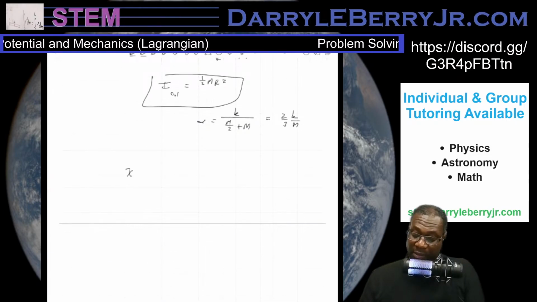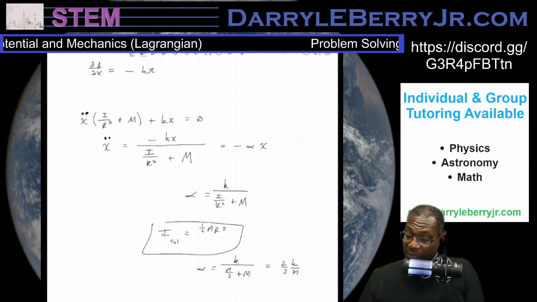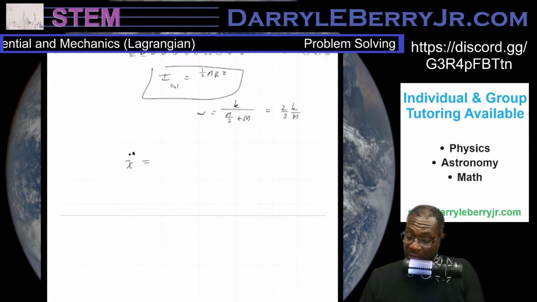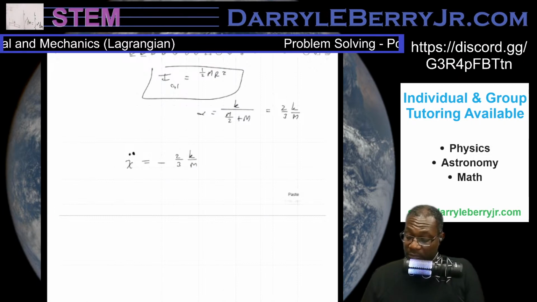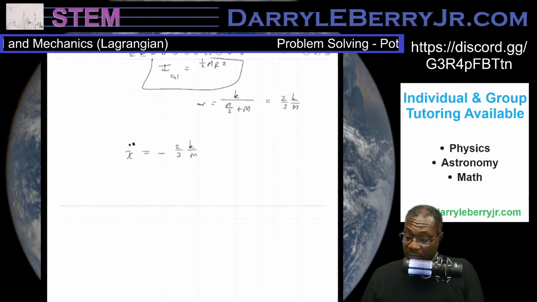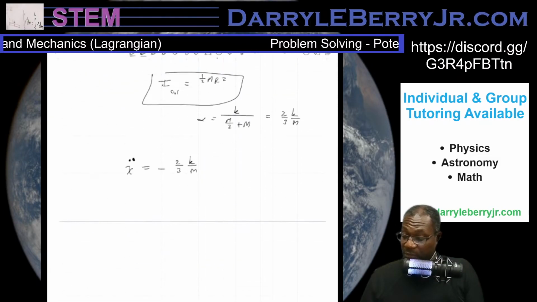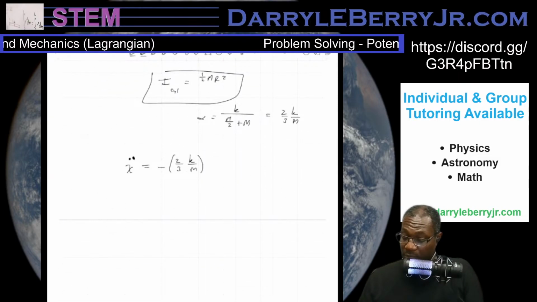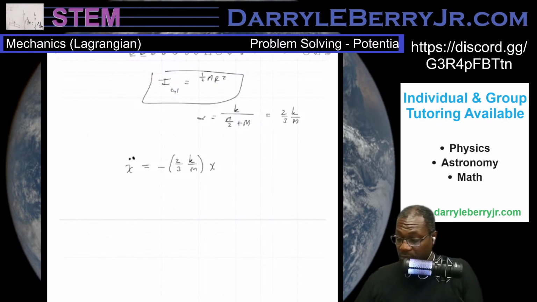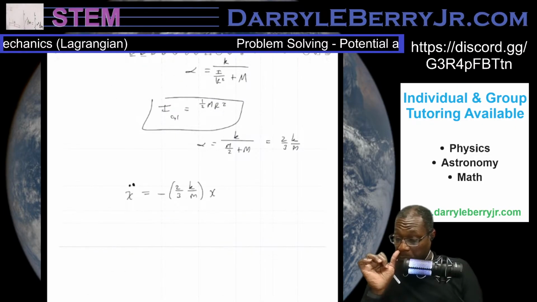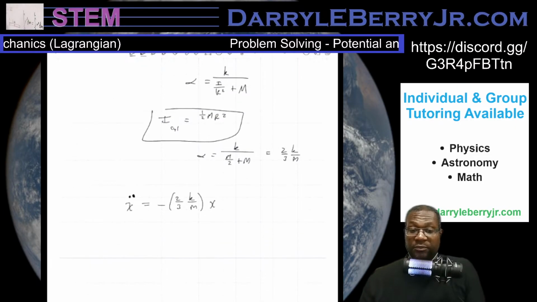So x dot dot equals negative 2/3 k over m x. I did this right.